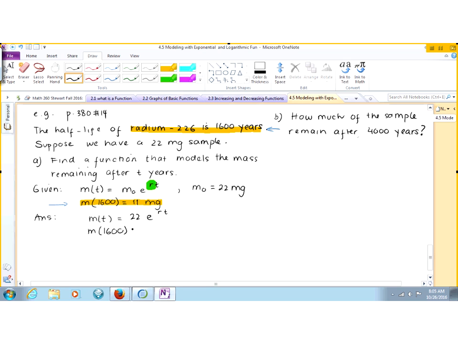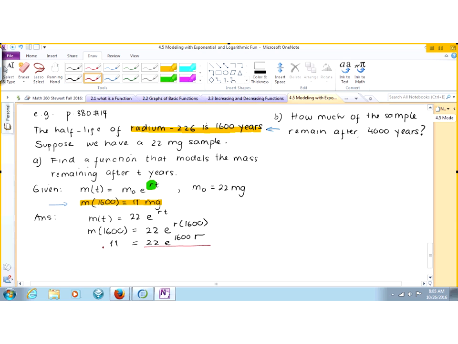What is M of 1600? It's 22 e to the r times 1600. So 11 is 22 e to the 1600r. Okay, good.